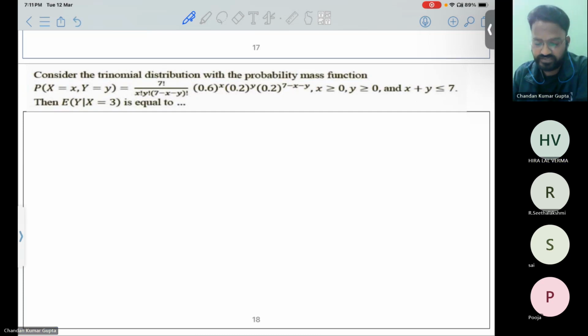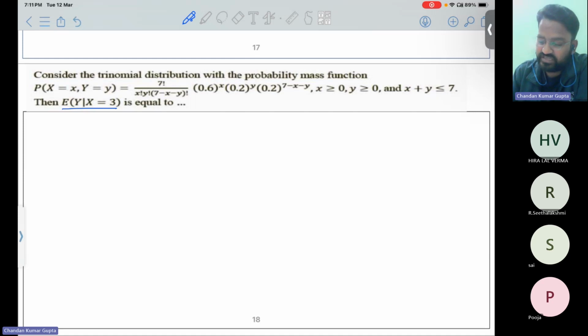Thank you. Now the next question is, we are given a trinomial distribution, and we need to calculate the expected value of y given x equal to 3. We need the conditional distribution because we need to calculate the conditional expectation.